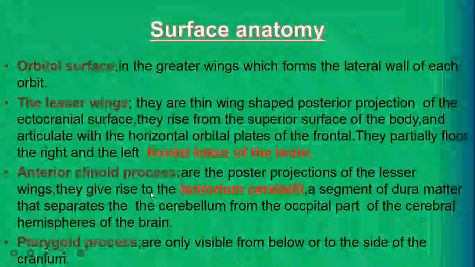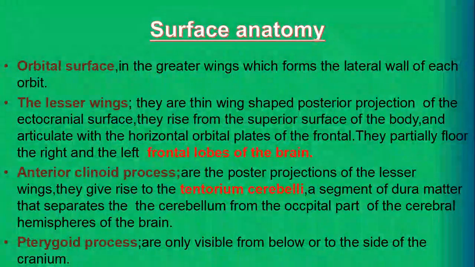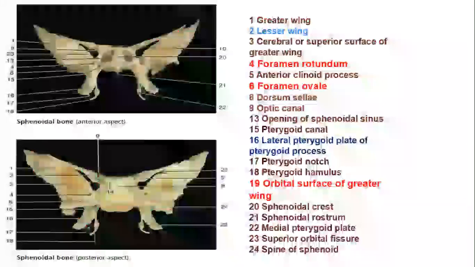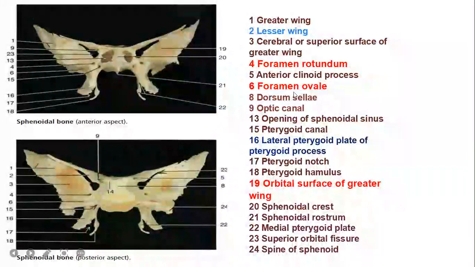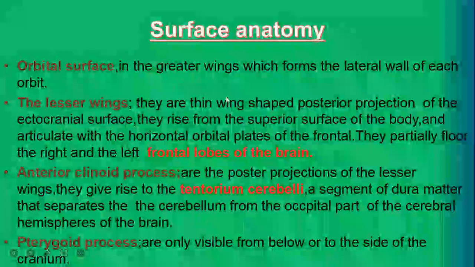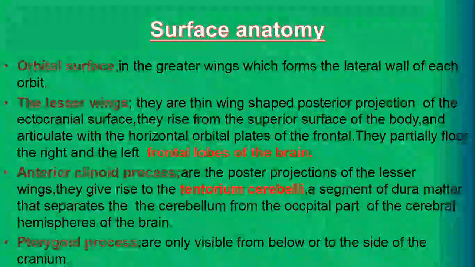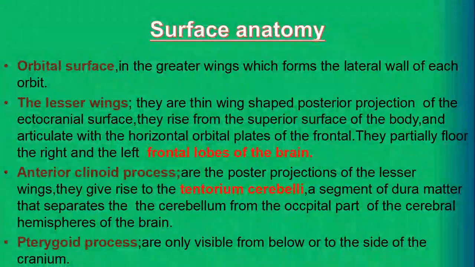The orbital surface is the surface of the greater wings which forms the lateral wall of each orbit. Let's get back to the image so that we can identify it. The orbital surface is right here and forms part of the orbital wall. The lesser wings are thin wing-shaped posterior projections of the ectocranial surface, and they rise from the superior surface of the body and articulate with the horizontal orbital plates of the frontal bone.